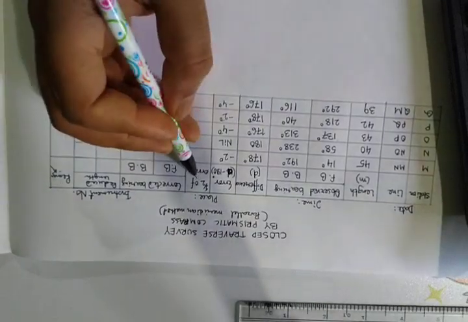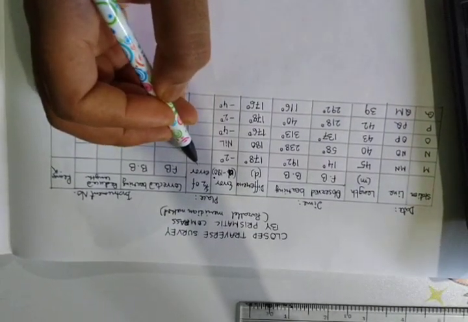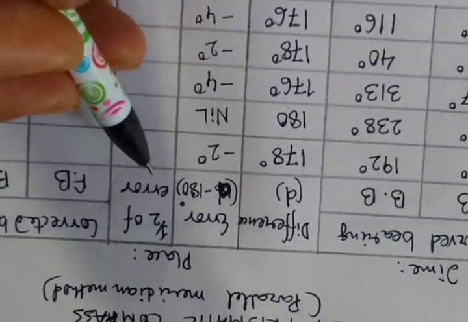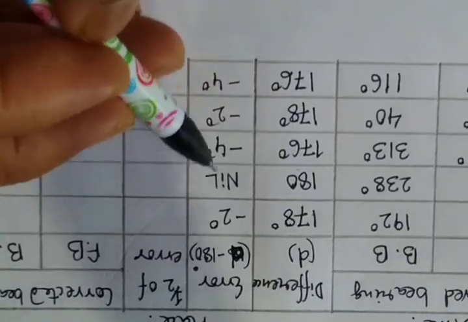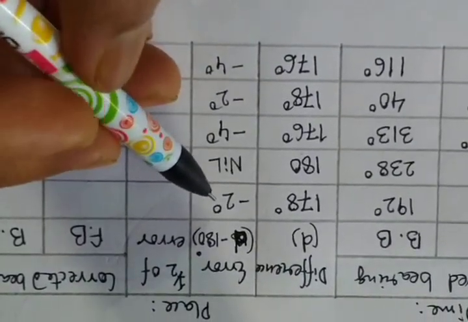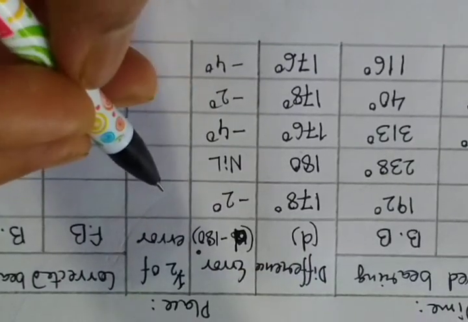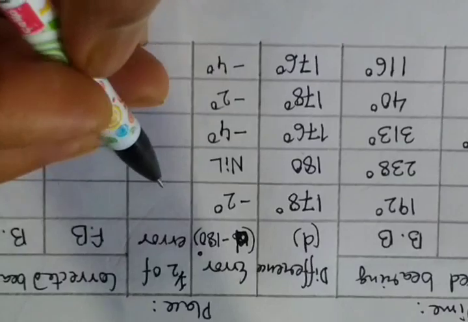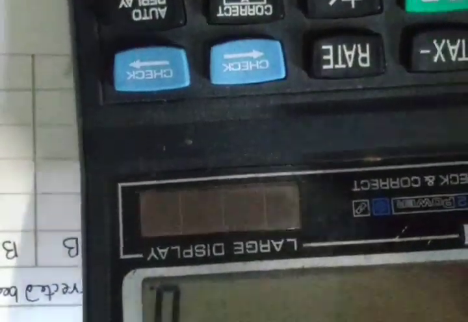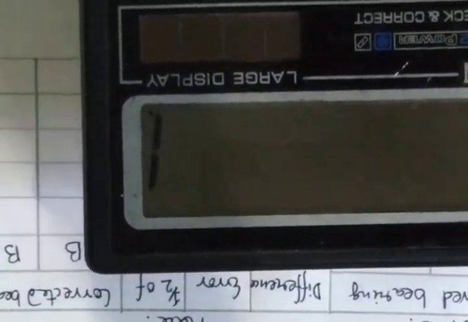The next column is half of the error. So how to find out this half of the error? You can see here this is the error column. The first error is 2 degree, so half of the error will be 2 by 2. If I divide 2 by 2, it will be 1.